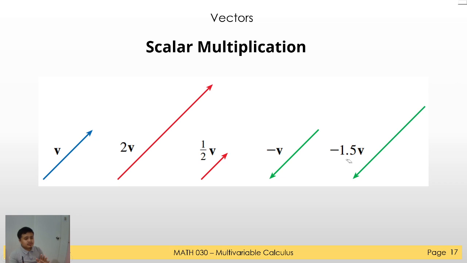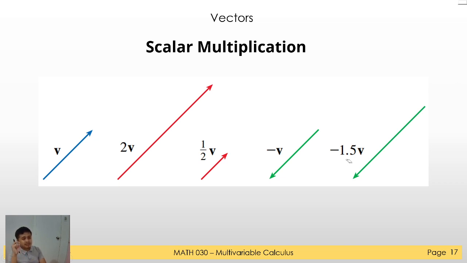Moving on, in regards to vector addition, we can not only add, we could also perform scalar multiplication. How do we multiply a vector by a scalar value? A scalar value is just a single number.